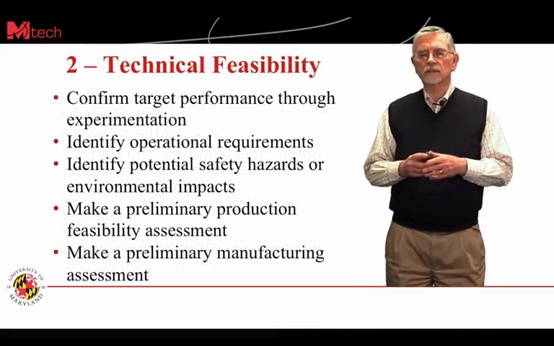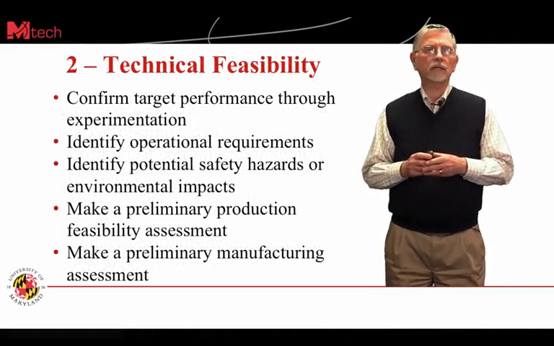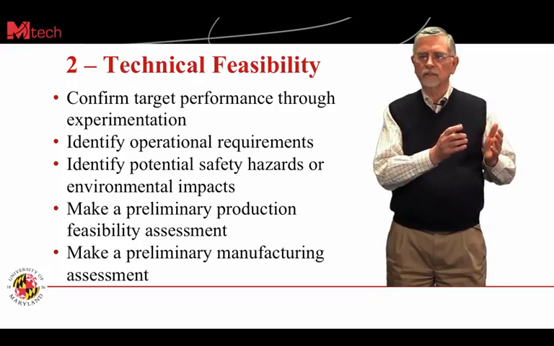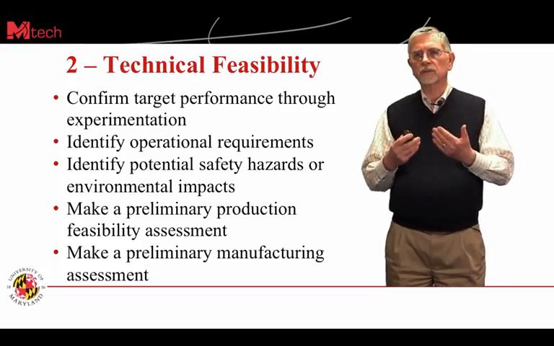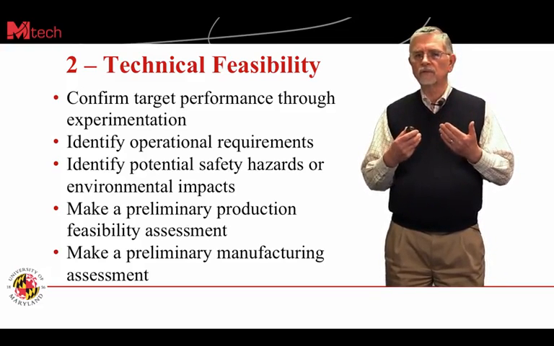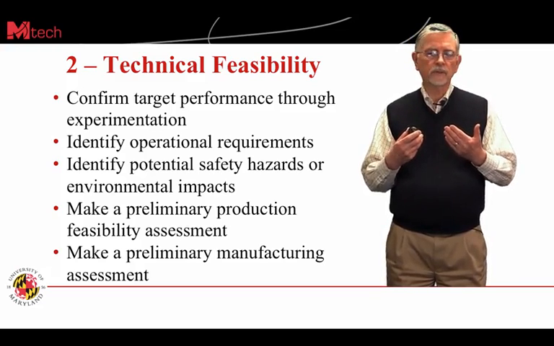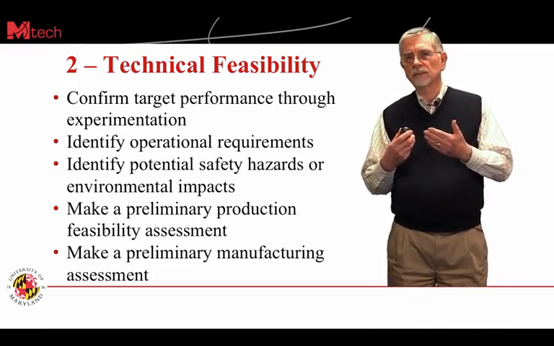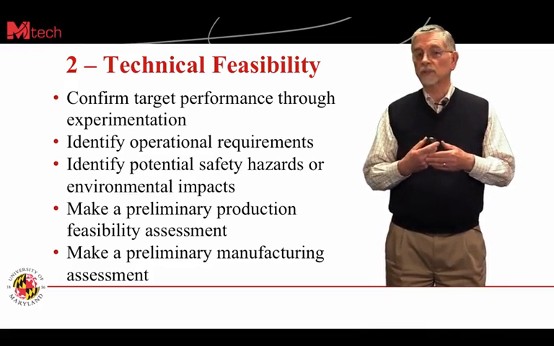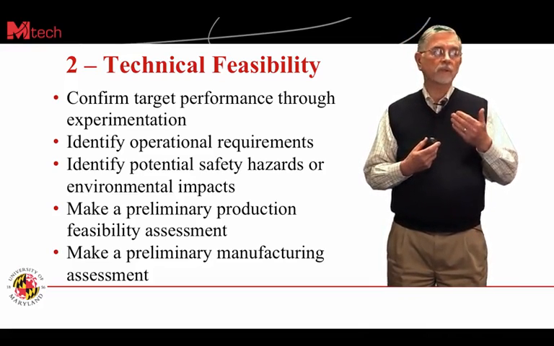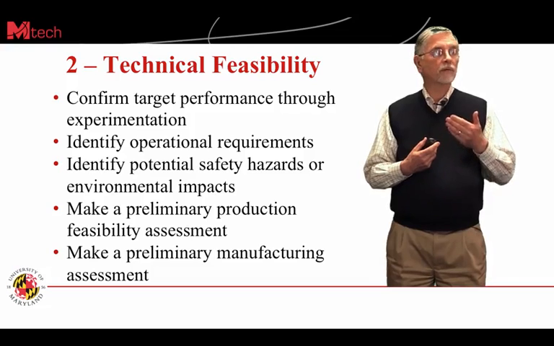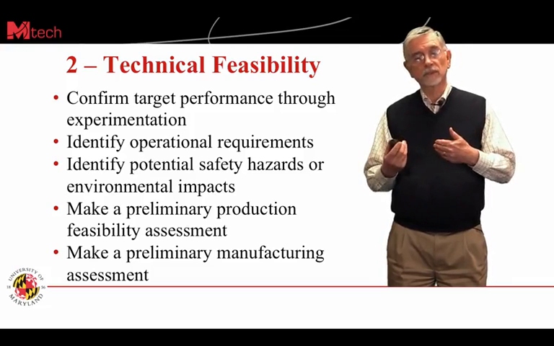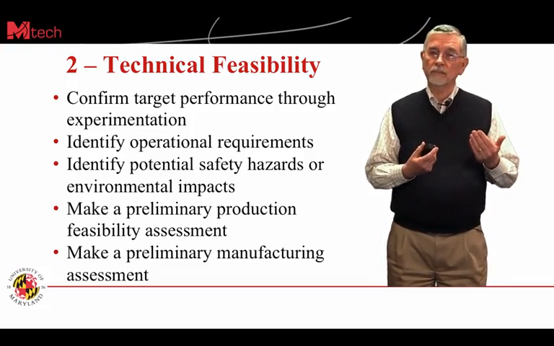The second stage is what we call technical feasibility. So you've got the idea, and now you're going to test to see whether or not it's really feasible. And how do you test whether it's feasible? You confirm that the product can actually perform in the way you expect it to perform. You develop some operational requirements, and you identify potential, in this case, safety hazards or environmental impacts.